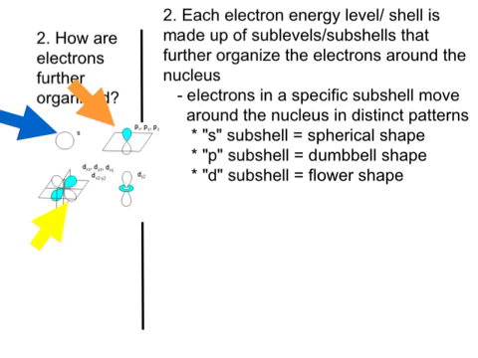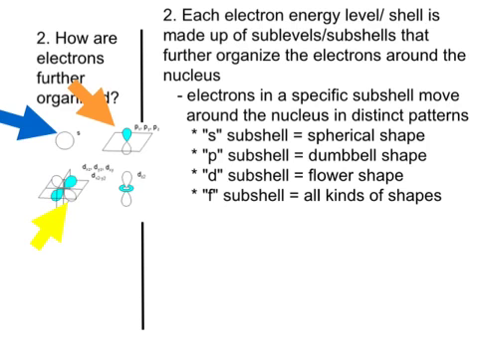So they kind of make a flowery shape, we call it. So the D subshell has a flower shape to it. And the last subshell, which is subshell F, is so complicated that it has all kinds of shapes associated with it. Alright, so here we have that down for the F subshell.